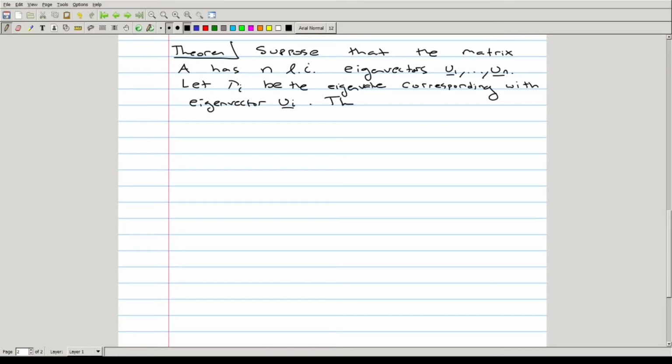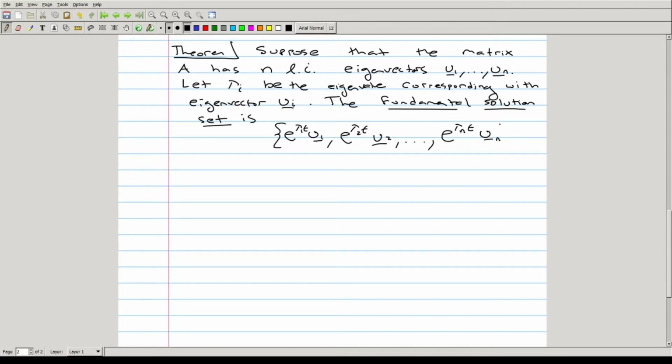The fundamental solution set is the set of functions e to the lambda 1 times t times u1, e to the lambda 2 times t times u2, all the way up to e to the lambda n times t times un.